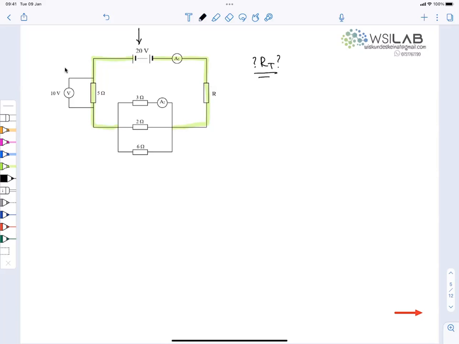We can't do that yet. So the first question is, what is the reading on A1? What is that reading there? And then I want you to calculate the total resistance.